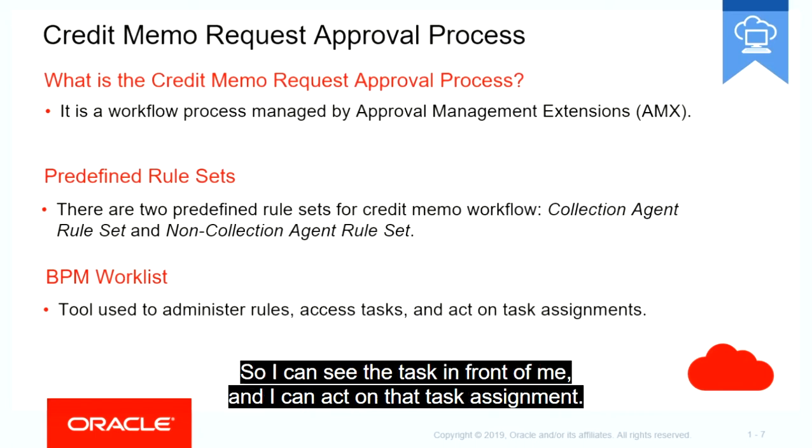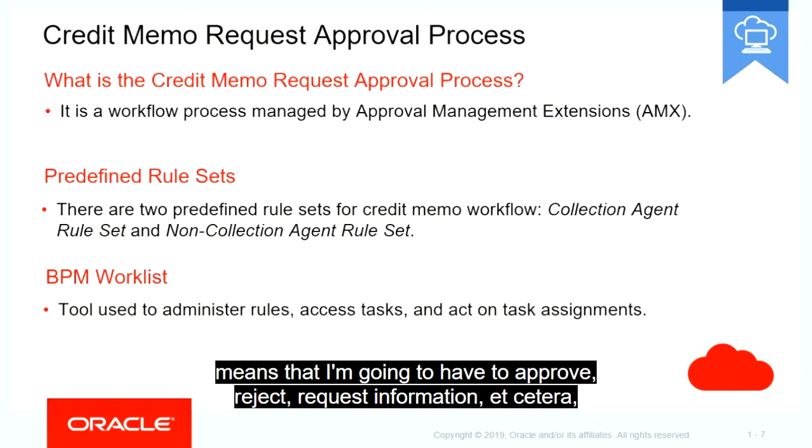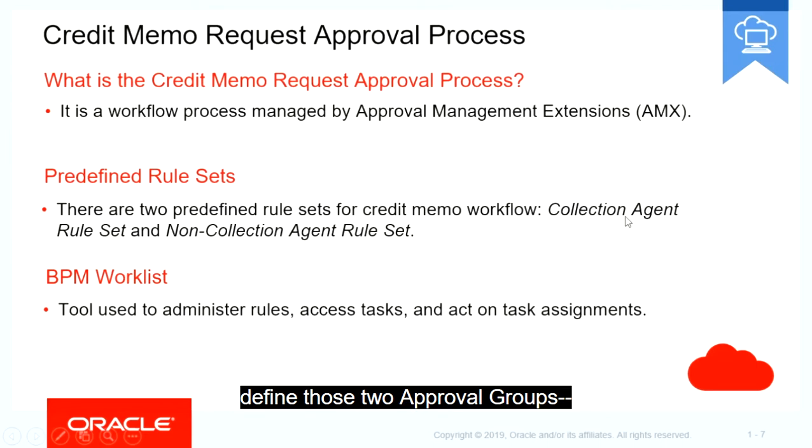So I can see the task in front of me and I can act on that task assignment. And of course, acting on that task assignment means that I'm going to have to approve, reject, request information, etc.